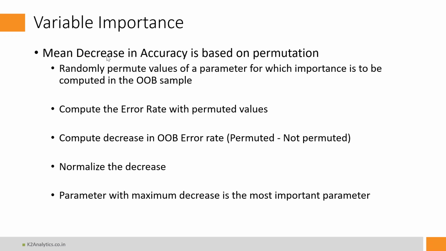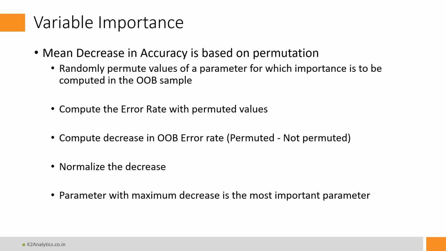Let us say we are computing variable importance on a particular model performance measure, say accuracy. My way of computing variable importance is using classification accuracy. Step 1, I have my random forest model, and that random forest model has been built using 100 attributes.